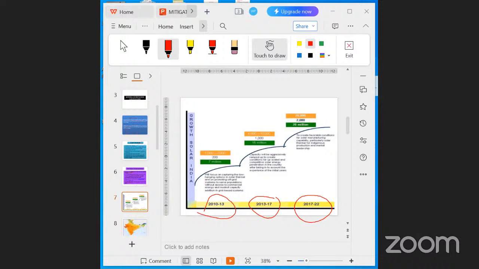Okay. So the immediate aim of the mission is to focus on setting up an enabling environment for solar technology penetration in the country, both at a centralized and decentralized level, right? So it is incrementally increasing the solar power generation. For example, 1,000 to 2,000 megawatt in the first phase, right?